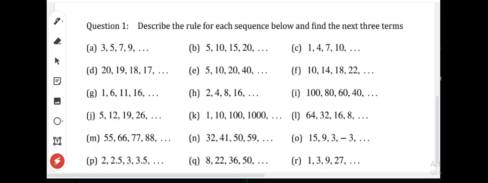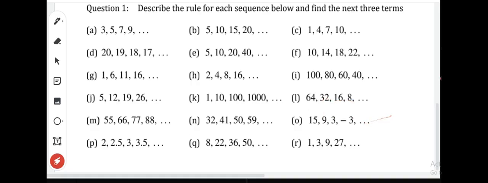You know, there's a way we can always figure out the pattern. This is 15, 9, 3, minus 3. To find the common difference, you do second minus first, or third minus second, or fourth minus third. So let's find the common difference here, just as a guide. Second minus first, which is 9 minus 15.